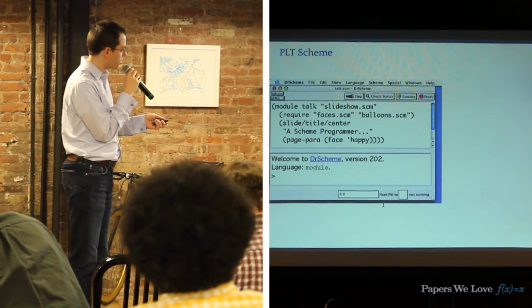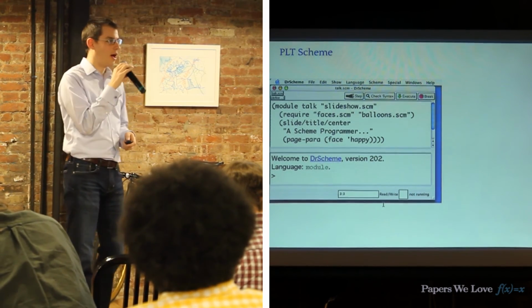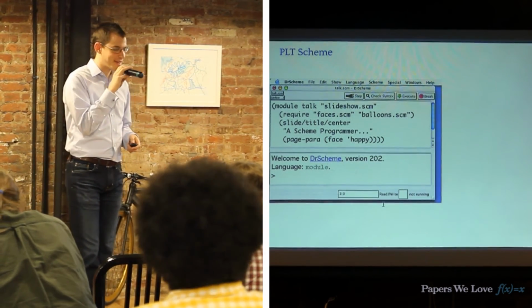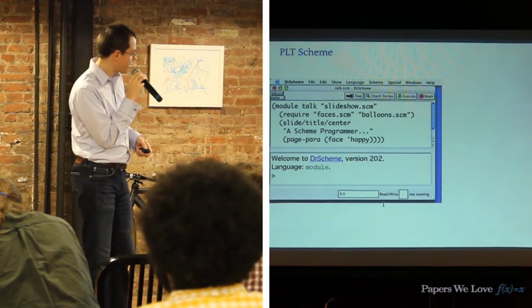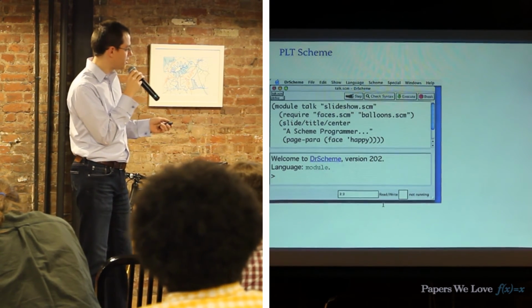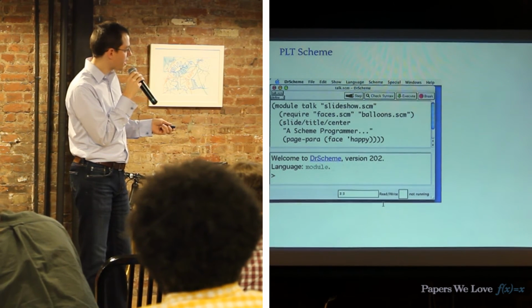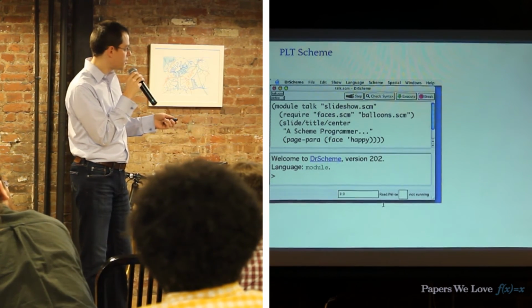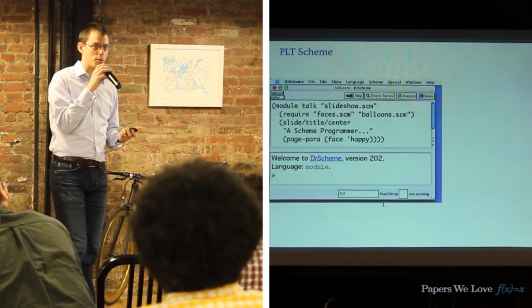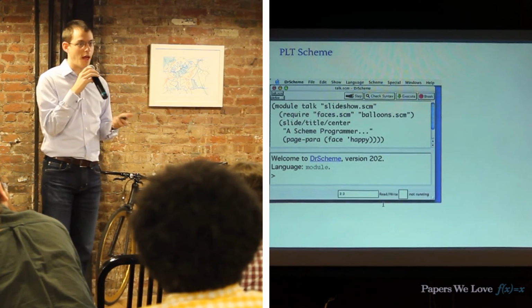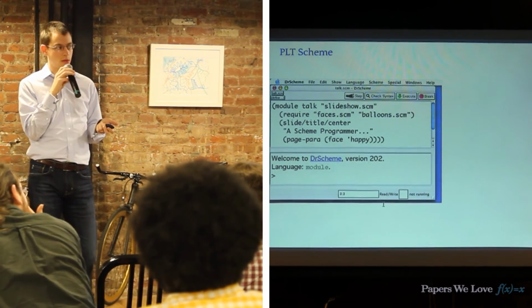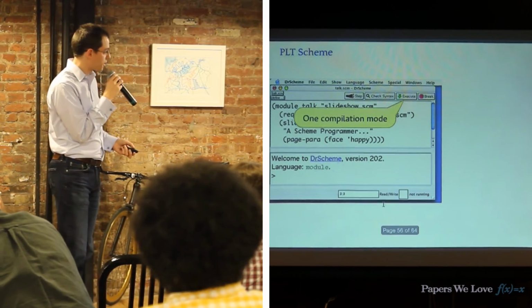And we're loading faces and balloons to get the appropriate graphics for this talk. And these days, Dr. Racket actually says that this is written in the slideshow language, because that's really what's going on here. Every module defines its own language, and that's the language you're programming.